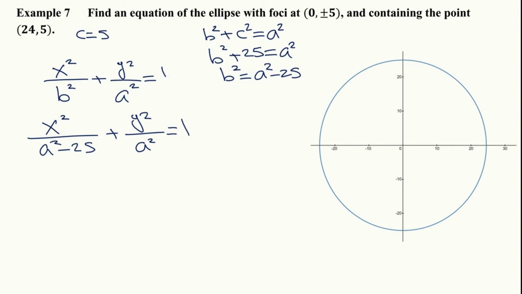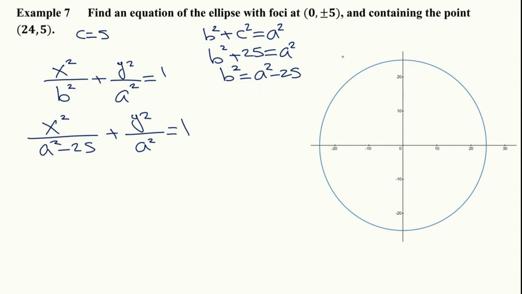Now, at this point, it's hopeless, right? We got 3 letters we need to deal with. But remember, the point (24, 5) is on this ellipse, so it has to satisfy the equation. So we're going to substitute 24 for x and 5 for y.